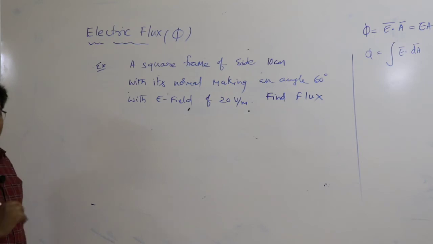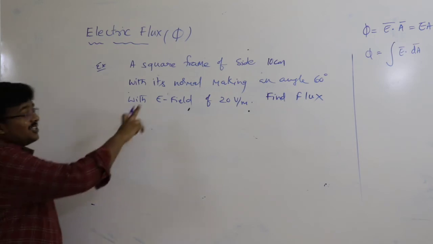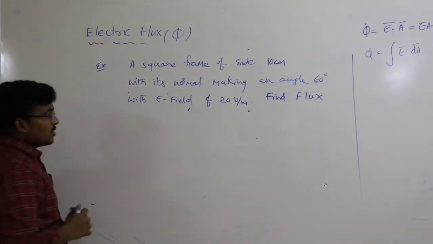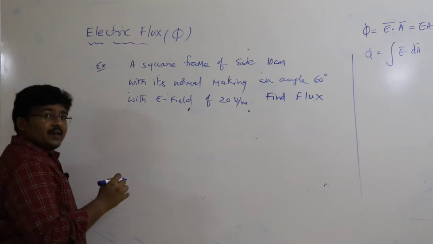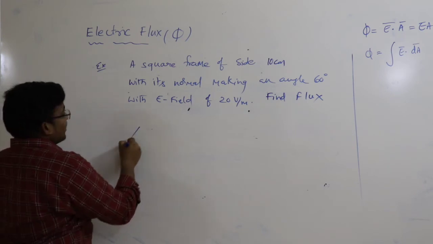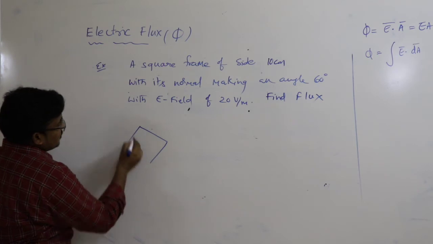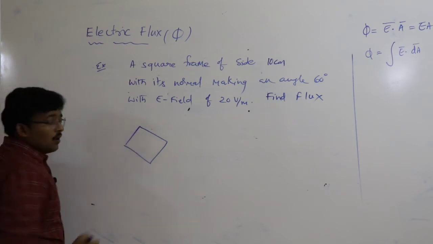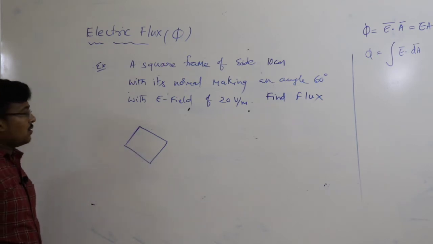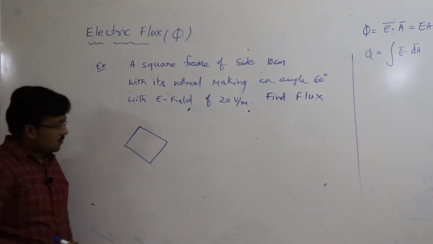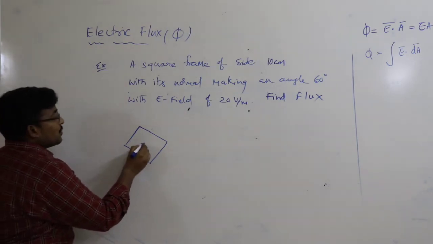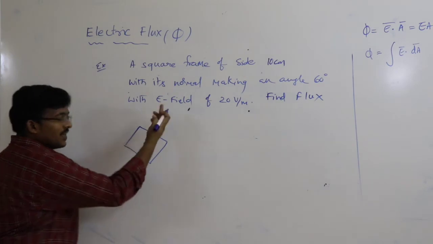What they said? They have taken a square frame and its positive normal is making an angle of 60 degrees. So I am taking a square frame like this, where its normal vector is like this. This is the area vector.